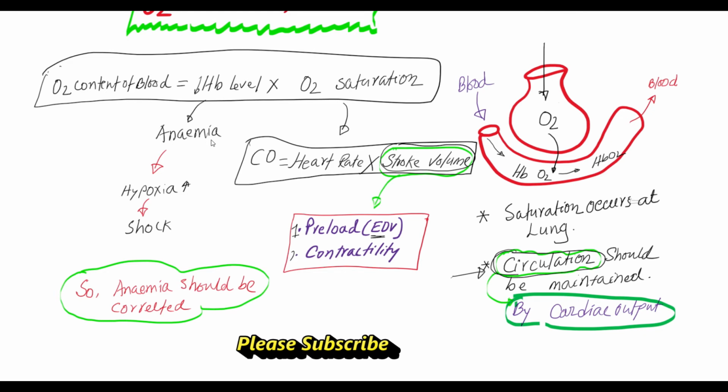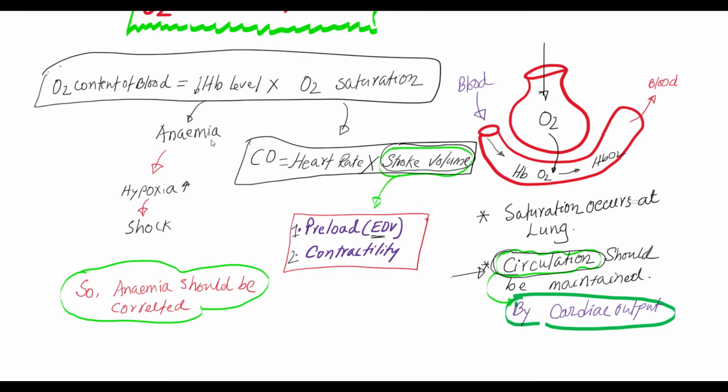And number two, the cardiac contractility. If the heart muscle contracts forcefully, the stroke volume will be increased to a certain limit of course, and if preload is maintained, the stroke volume will be maintained. So on these two factors, the stroke volume depends.